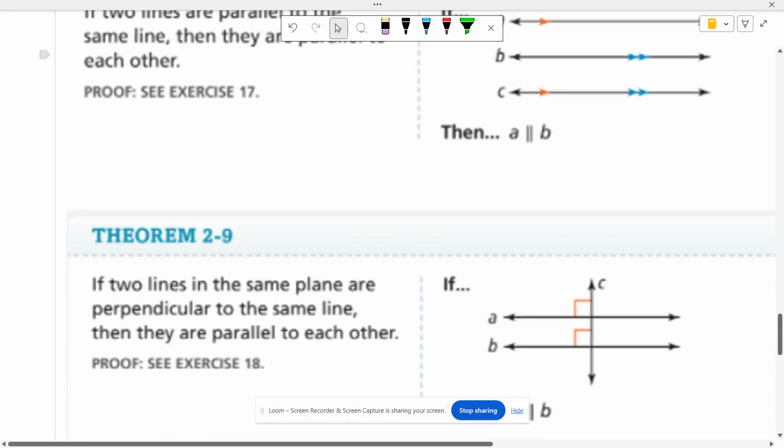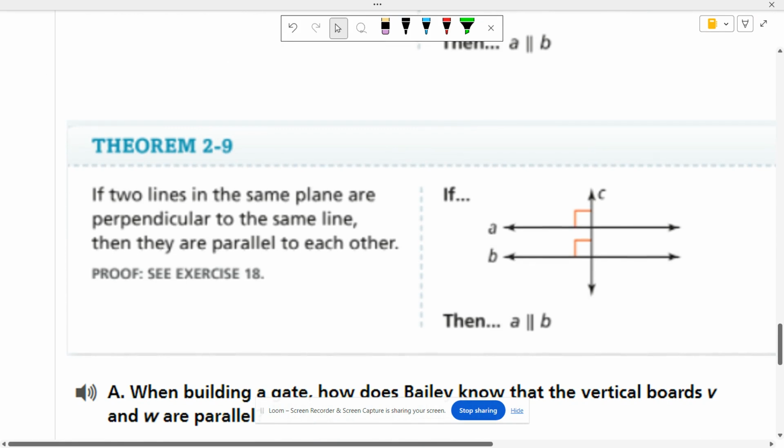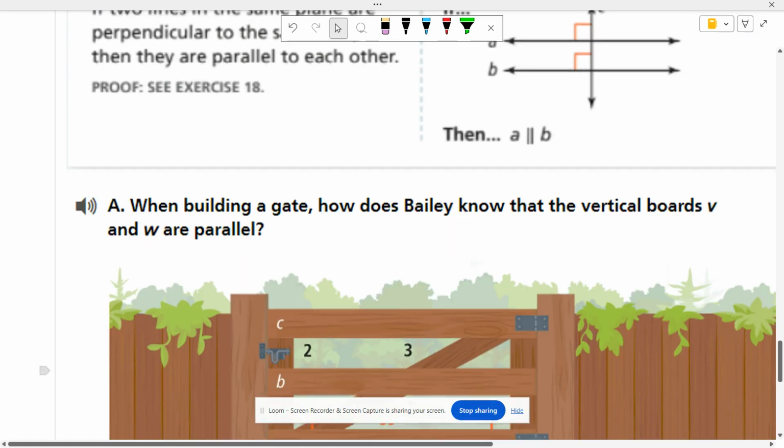Same thing goes for perpendicular lines. If A is perpendicular to C and B is perpendicular to C, then A and B are parallel to each other. So if 2 lines are both perpendicular to the same transversal, then those 2 lines must be parallel to each other. So, Bailey's building a gate.